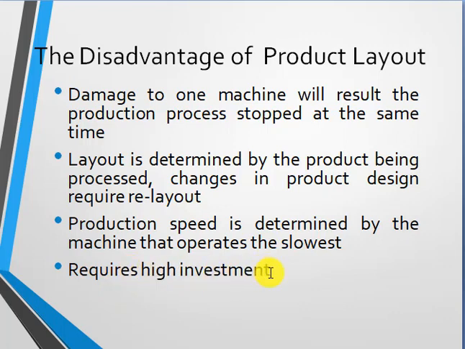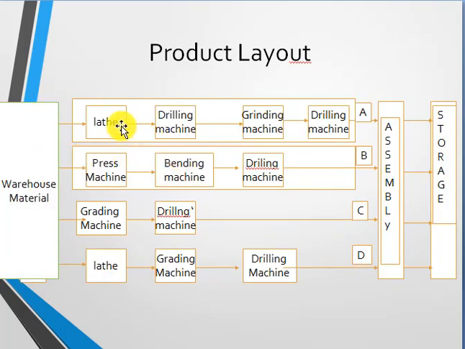It requires high investment because you have to invest in so many machines, and also you can find some duplicated machines. For example, the drilling machine is already used in making product A, and also already used in product C, so it has a very high investment cost.